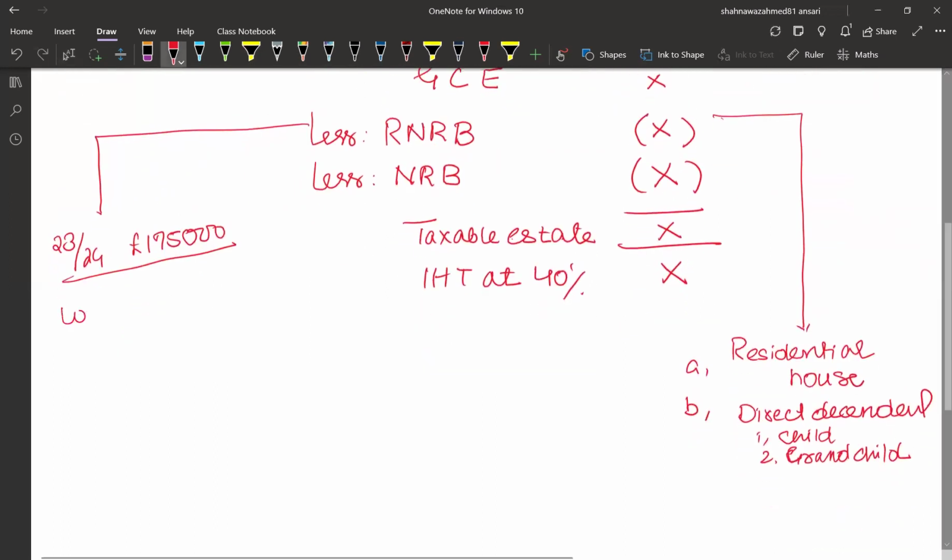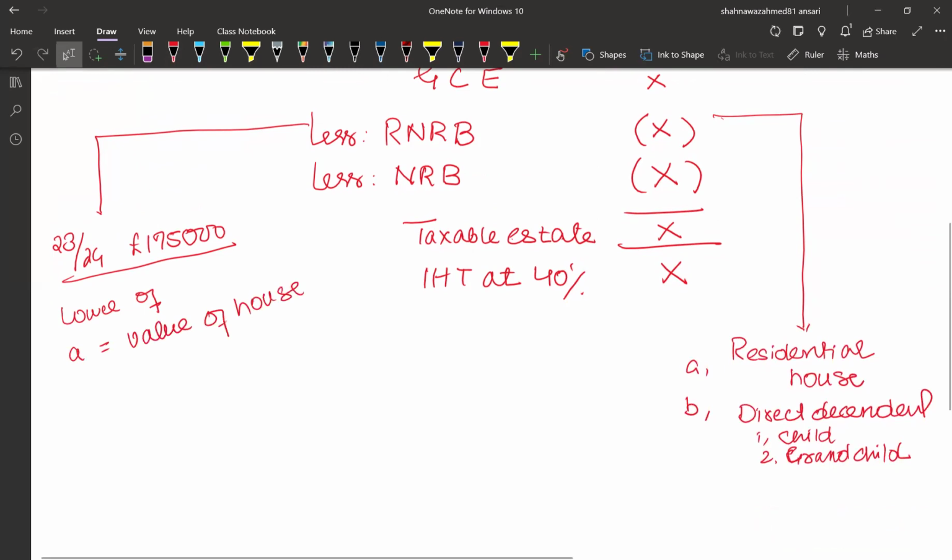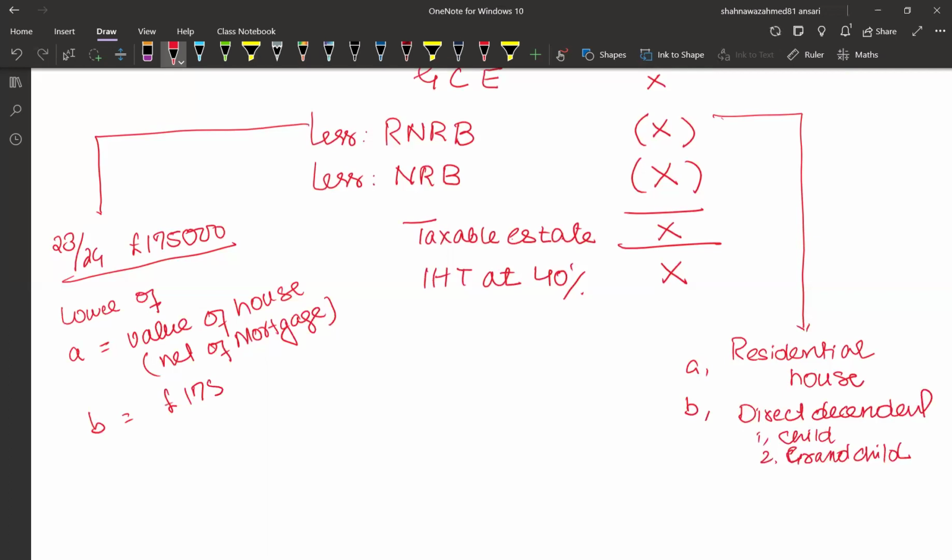But we need to compare this RNRB value with the value of the house. So the rule is the lower of the value of the house net of mortgage. We need to deduct the mortgage from the open market value of the house, and then compare this value of the house with 175,000.